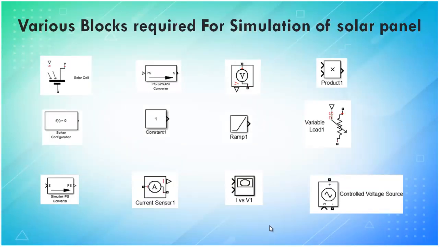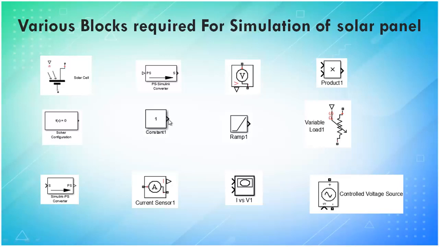Similar to the requirement for modeling of the boost converter that you have seen, for modeling of the solar panel we should know these blocks in MATLAB. The first block is the solar cell, then comes PS to S, and similarly S to PS. This is because the solar cell is present in the Simscape blocks, and it cannot be directly linked with your Simulink blocks.